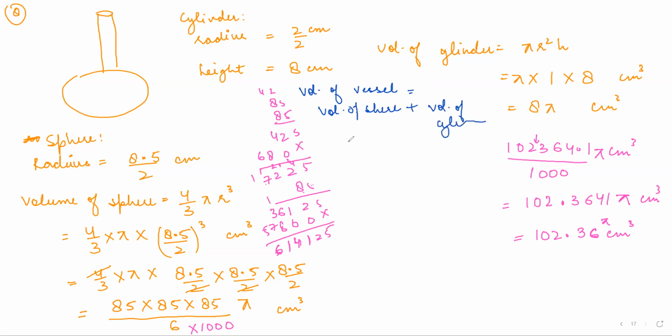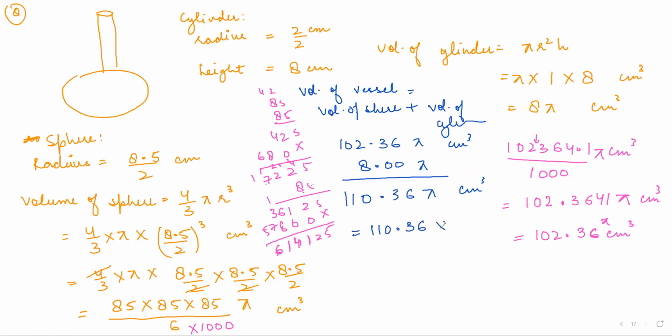So this is what I'm getting, 102.36 pi, right? Centimeter cube. And then I have 8 pi. So can I write like this, 8.00 pi, right? So just add it. First of all, answer will be in pi. 6, 3, and then 10, 110.36 pi. Now you put pi here. So 110.36 multiplied by 3.14 centimeter cube.